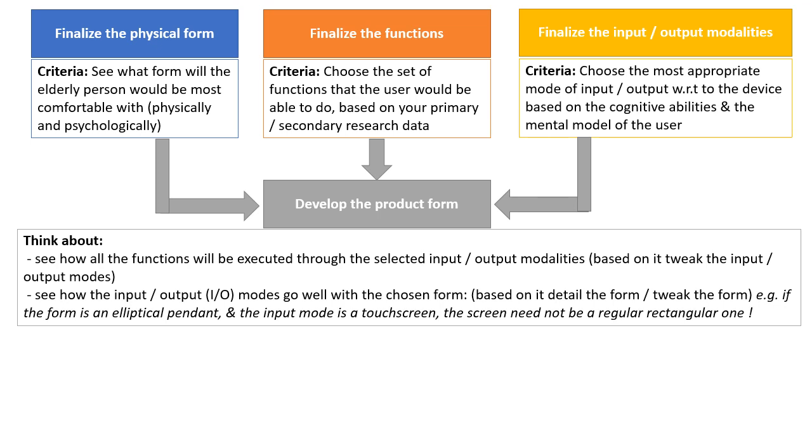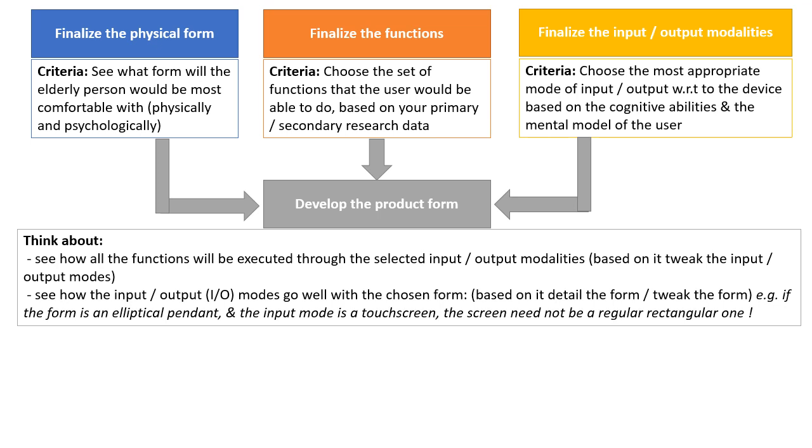And once the input and output modalities are finalized, you have to see how well they go with the chosen form, right? So either you need to detail out your form more, or you may need to tweak your form a bit in order to fit all the input and output modalities which you have thought of.